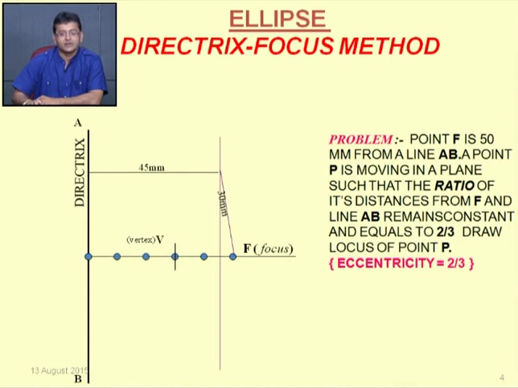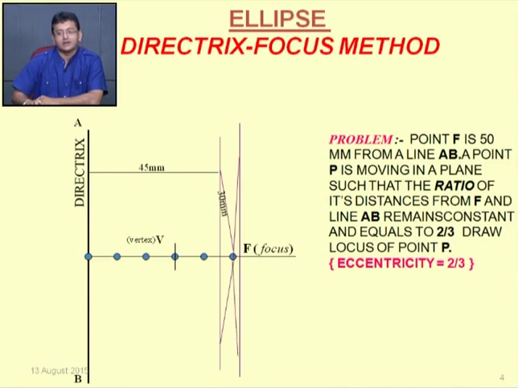Now forming similar points on the bottom of the axis, also draw a similar vertical line at a distance of 60 mm from the directrix and 40 mm from the focus, and cut this arc at this vertical line. We get another point.